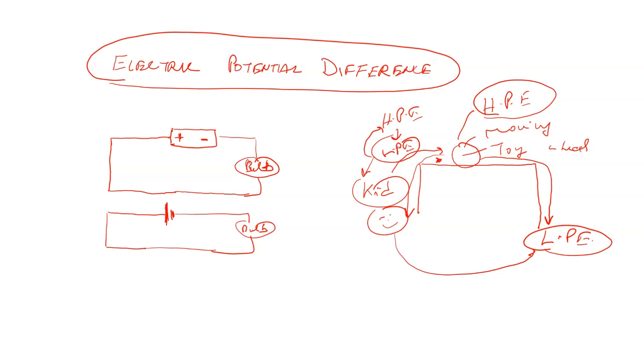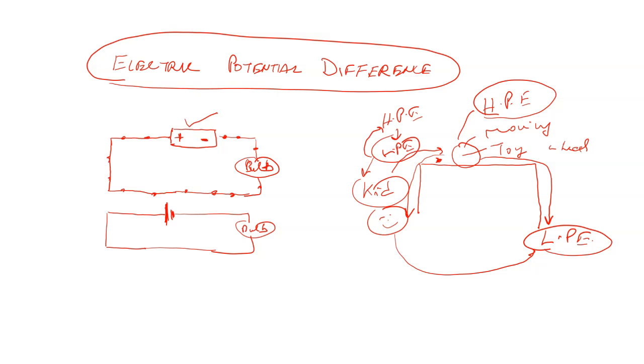Now what basically is happening here? There are electrons in the wire which are moving. Why are these electrons moving? Due to this cell, because the chemical reaction in the cell will move these electrons.